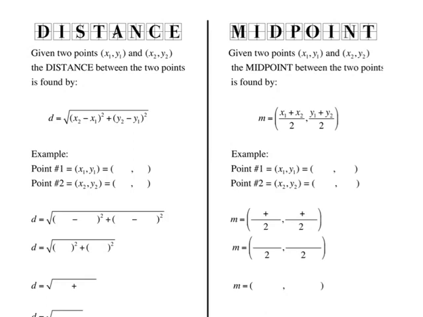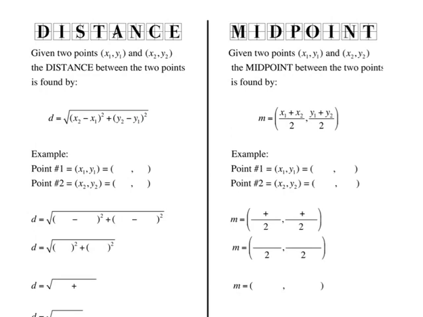When you open your foldable, this is what the inside will look like. I don't have everything down here at the bottom because I cut it off. But our distance formula is: the distance is equal to the difference between the x values, so x2 minus x1 quantity squared, plus y2 minus y1 quantity squared, and then take the square root of all that.